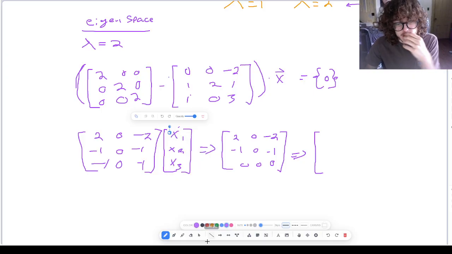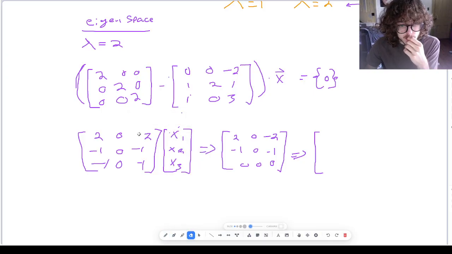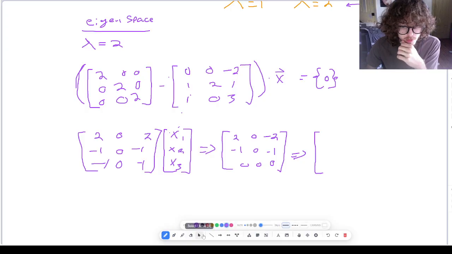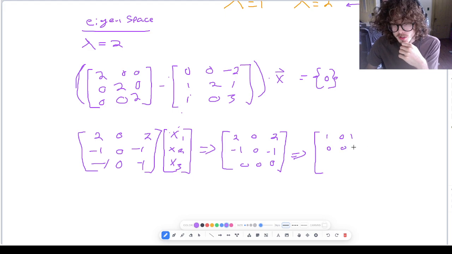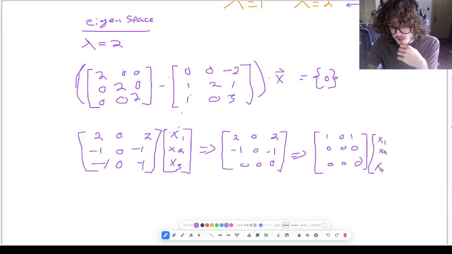Oh, sorry, I see what I did. This should not be negative 2. This should be positive 2. Right, makes sense. And we're going to get 1, 0, 1. You can hopefully show that this is true. 1 and then a bunch of zeros for x1, x2, and x3.